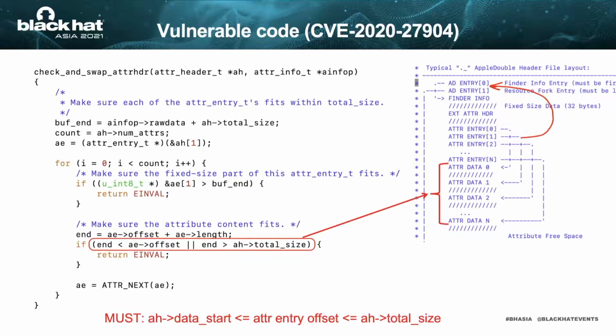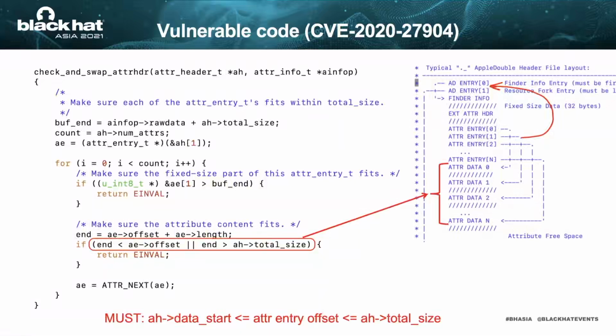But look at this line marked in red. It does two things: add offset and length, to see if there is an integer overflow, and check the end of attribute data to see if it exceeds the end of the data area. However, this code doesn't check the offset itself.